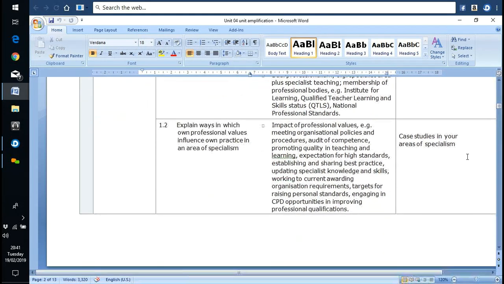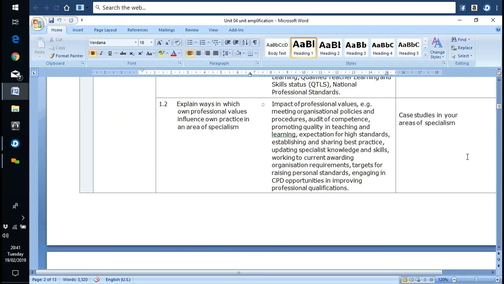Case studies in your own area of specialism for 1.2, which is explaining ways in which your own professional values influence your own practice in your area of specialism. So that's the impact of professional values, meeting organisational policies and procedures, audits of competence.